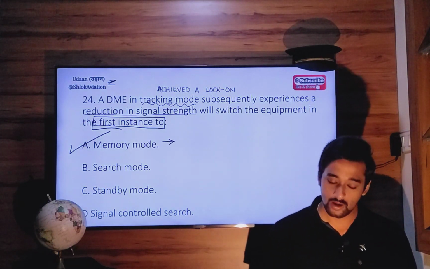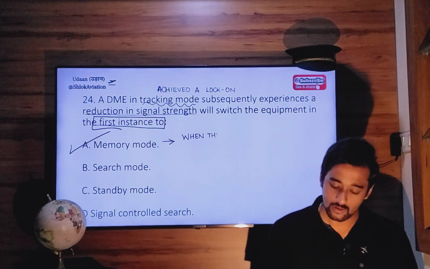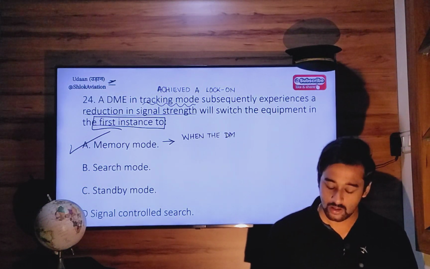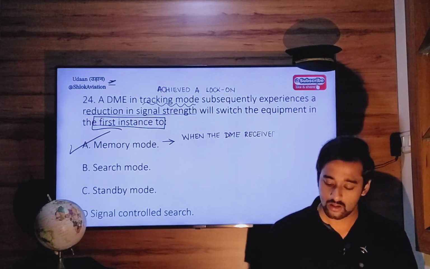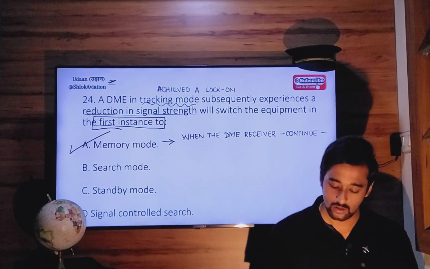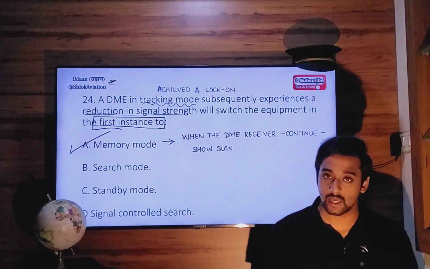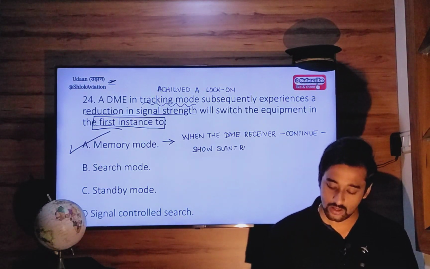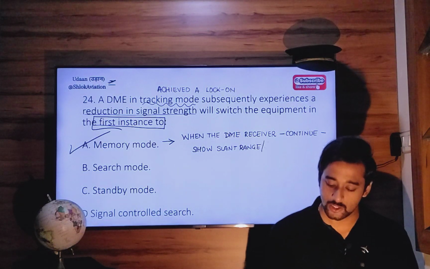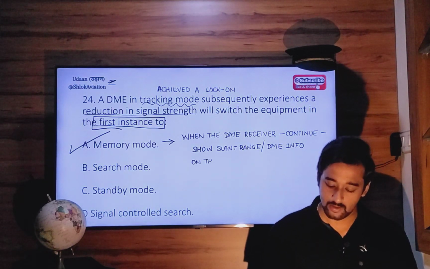Memory mode is that mode when the DME receiver in the aircraft will continue to show slant range information, that is DME range, on the display.